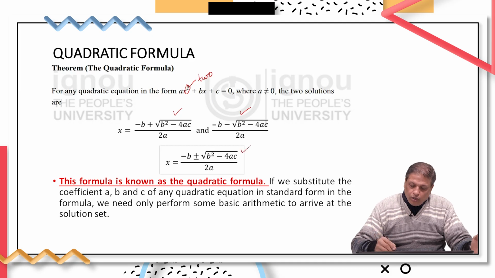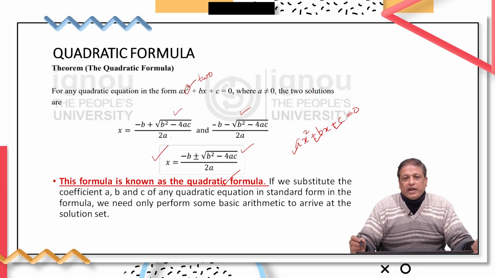Overall, the two solutions can be combined into the form x is equal to minus b plus minus square root of b square minus 4ac upon 2a, and this is the quadratic formula, wherein we substitute the coefficients a, b and c of the equation ax square plus bx plus c equal to 0 to get the respective roots.